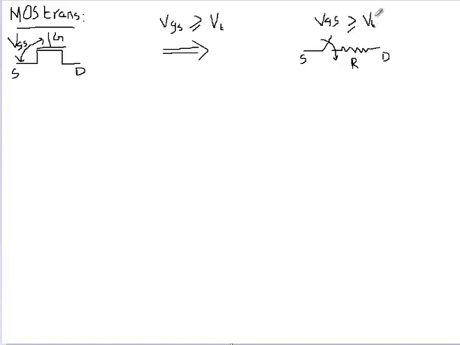A very safe thing would be to put a mod over here, because there are different variants of a MOSFET. It could be an NMOS, it could be a PMOS. So this mod says that we are talking about a MOS transistor and not specifically about NMOS or PMOS. All right, this is clear.